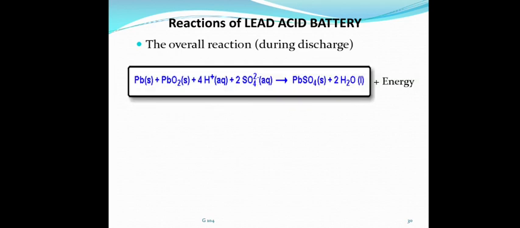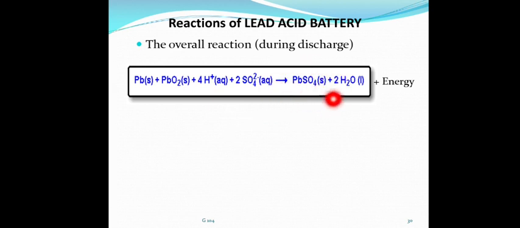And reactions of lead acid battery. The overall reaction during discharge: Pb and PbO2 using sulfuric acid turn to PbSO4, giving rise to H2O, liberating electrical energy. Here, Pb is undergoing oxidation, PbO2 is undergoing reduction using sulfuric acid.